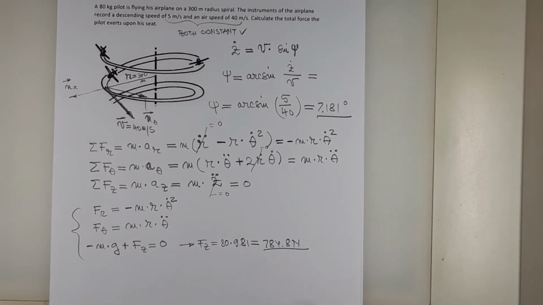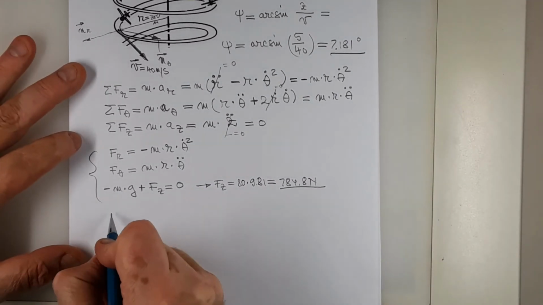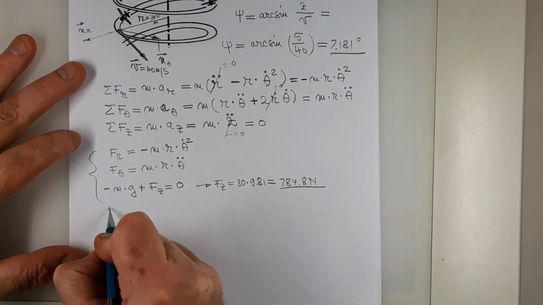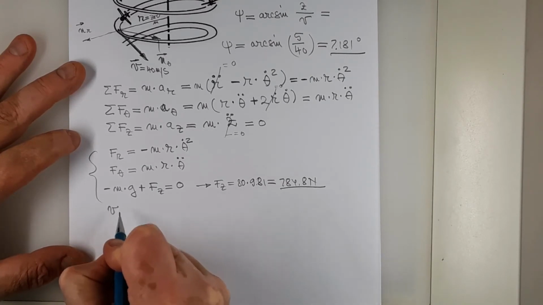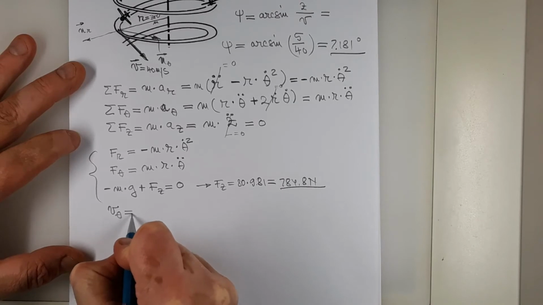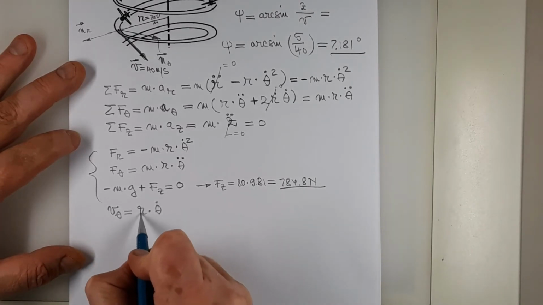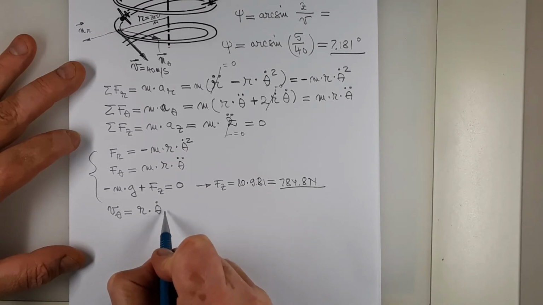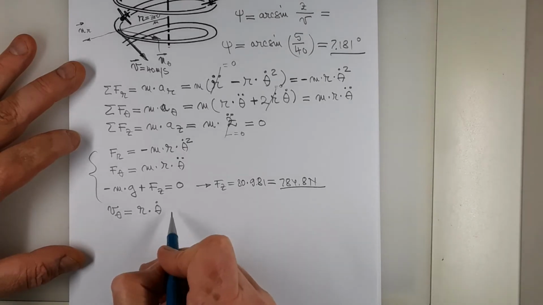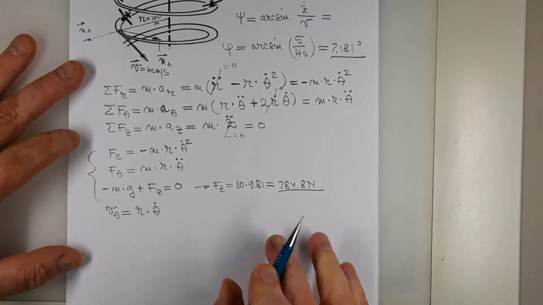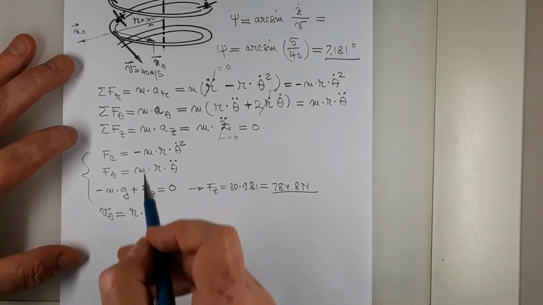So again, velocity in the transverse direction is r times theta dot. Okay. From here we can calculate theta dot because we know the velocity in the transverse direction.